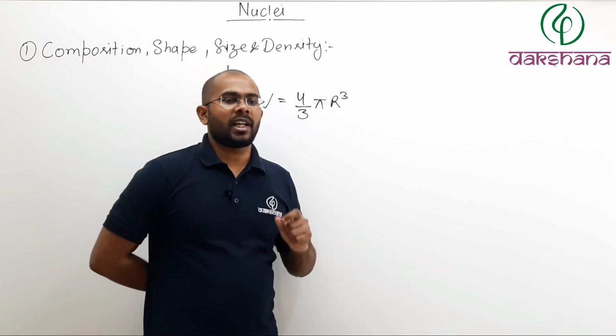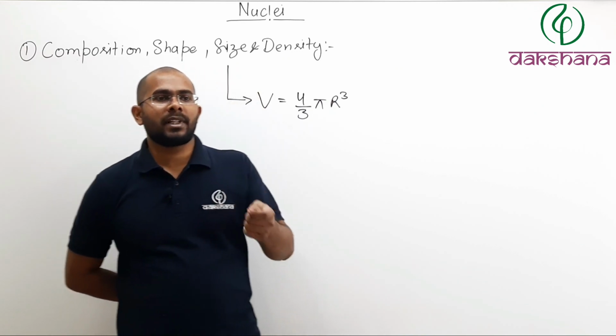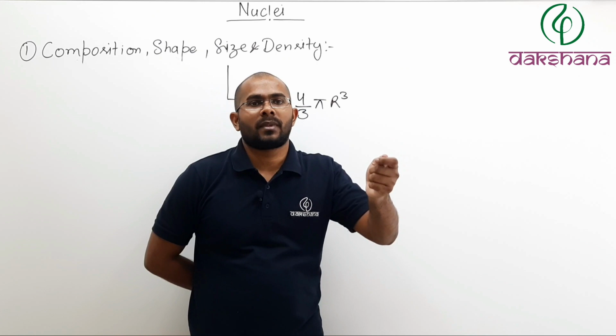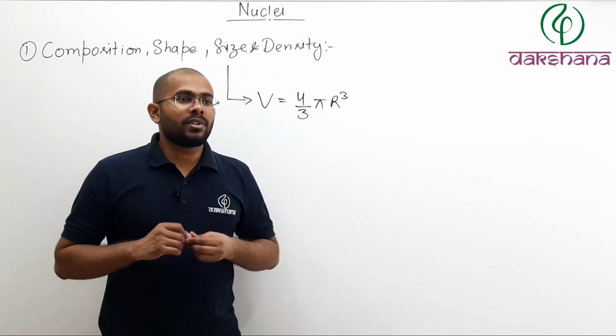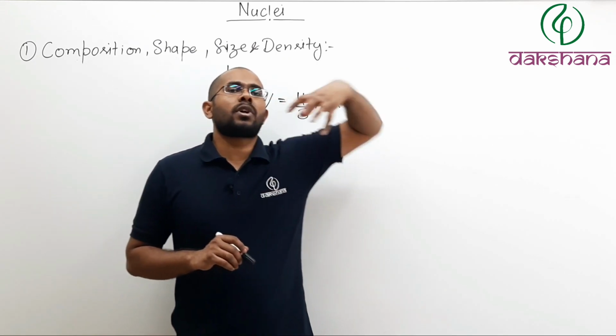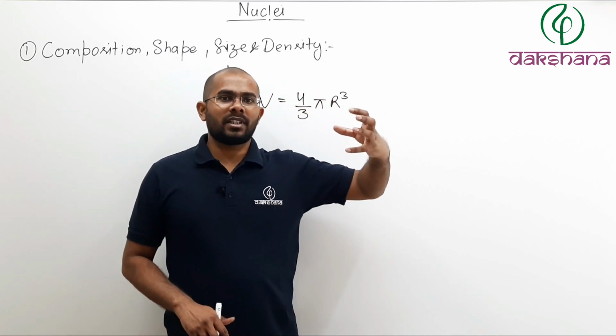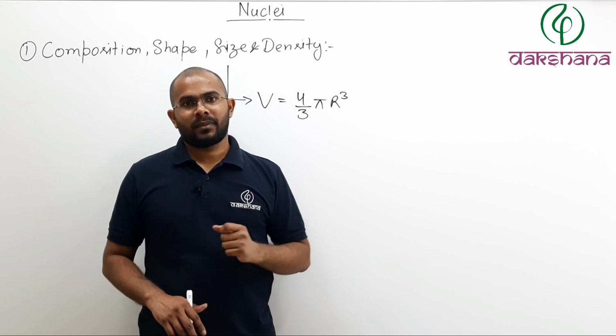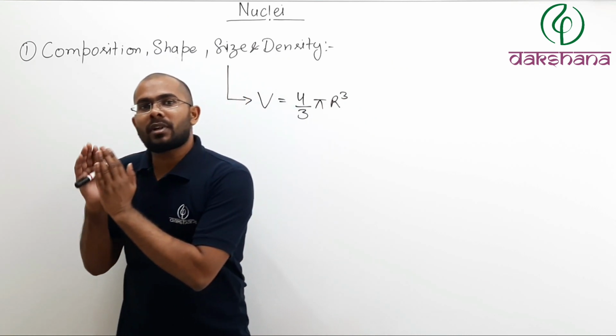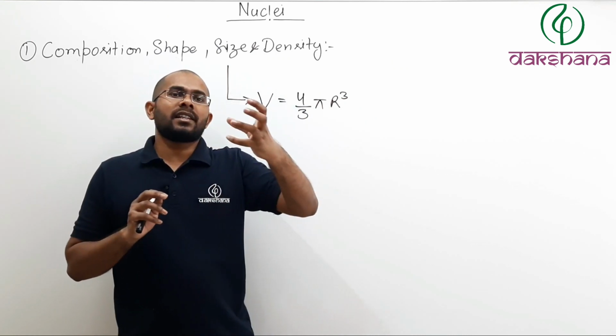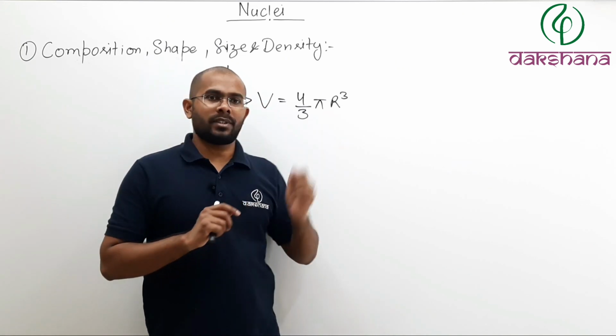Suppose, for example, you take a hydrogen atom, a carbon atom, an oxygen atom. It is known that the heavier the nucleus is, for example, carbon is heavier than hydrogen, so the carbon nucleus will be greater in size than hydrogen.